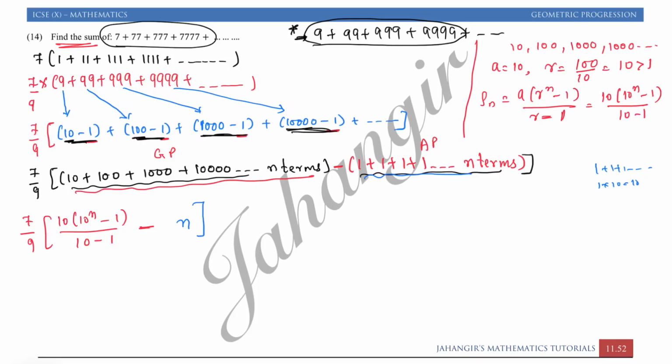Obviously, whatever number of times you are adding it, it will become that number. So now you will get 7 by 9, this is Sn. So therefore Sn is equal to 7 by 9, in the bracket we will solve 10 into 10 raised to n minus 1 upon 9 minus n.